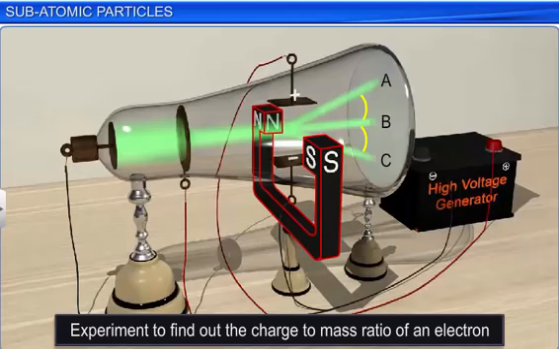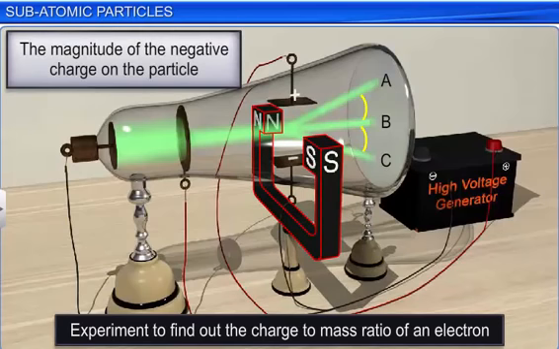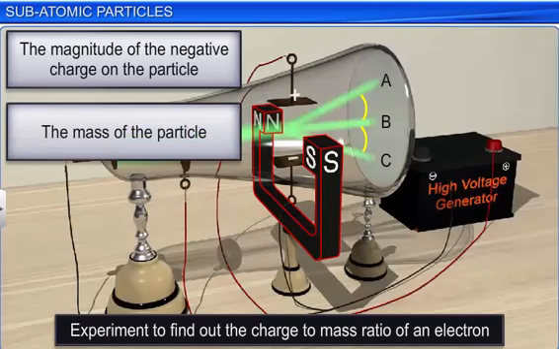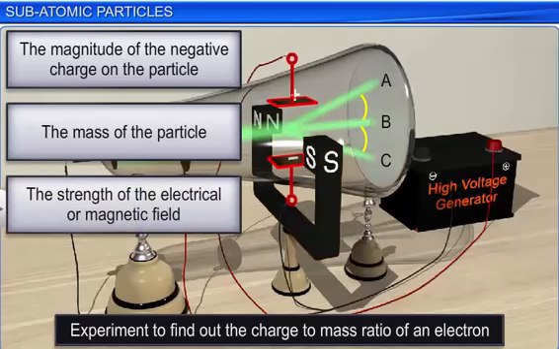The magnitude of the negative charge on the particle. The more the negative charge, the greater the deflection. 2. The mass of the particle. The lighter the particle, the greater the deflection. 3. The strength of the electrical or magnetic field. The stronger the field, the higher the deflection.